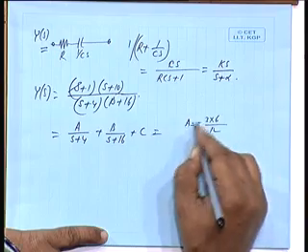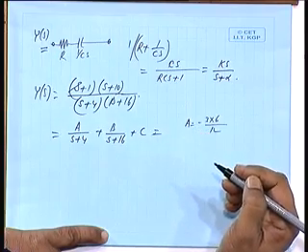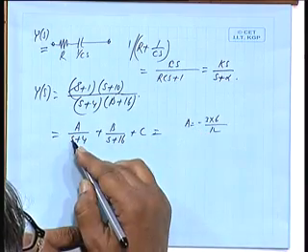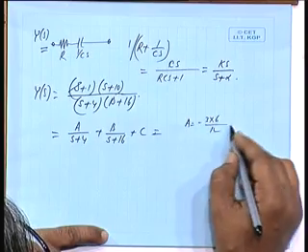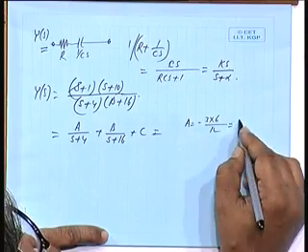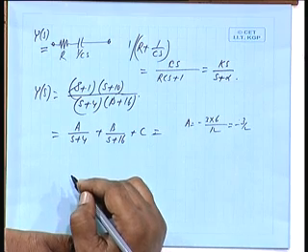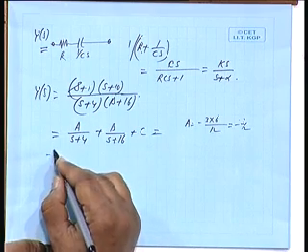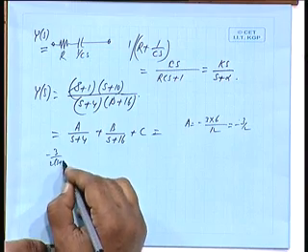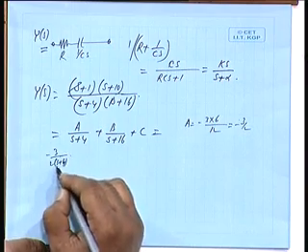So, you get a negative value. You cannot realize minus 3 by 2 into S plus 4, that is not possible, is it not? Minus 3 by 2 into S plus 4, this is not the admittance of any RC network.